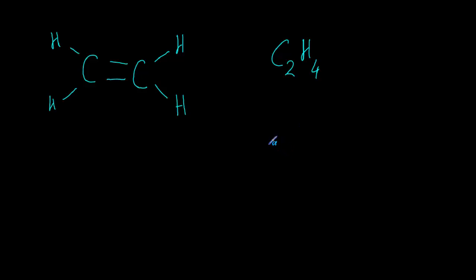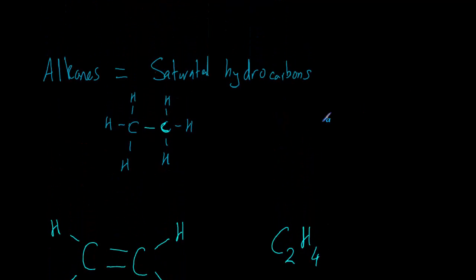Now we call this type of hydrocarbon an alkene. So an alkene instead of an alkane. And you'll see this pattern because this molecule is known as ethene. So alkene, ethene. Whereas if we go up here, this is ethane. And you can see ethane, alkane.